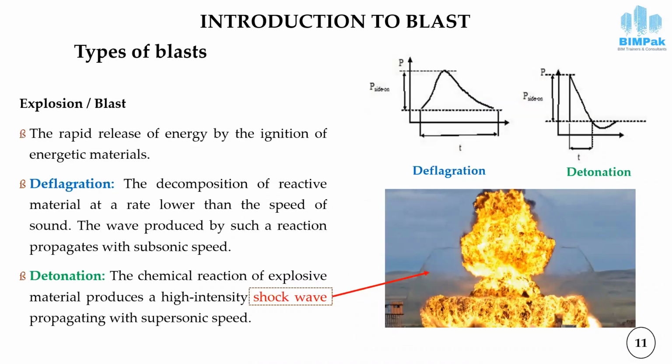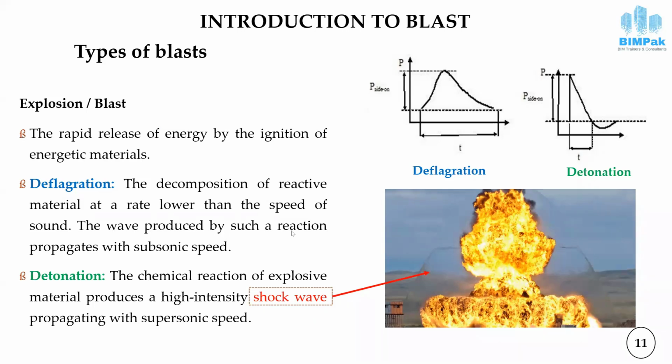So as we have already discussed, not all types of explosion will create a shock wave. So explosions can be divided into two categories. Number one is deflagration, which is the decomposition of reactive material at a rate lower than the speed of sound.